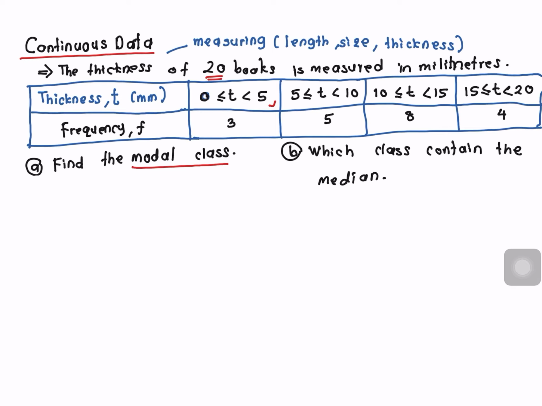So modal class, okay, what I have noticed before, some of you are still confused about what modal class is. Okay, modal class means, you can see here, the mode is the highest frequency.